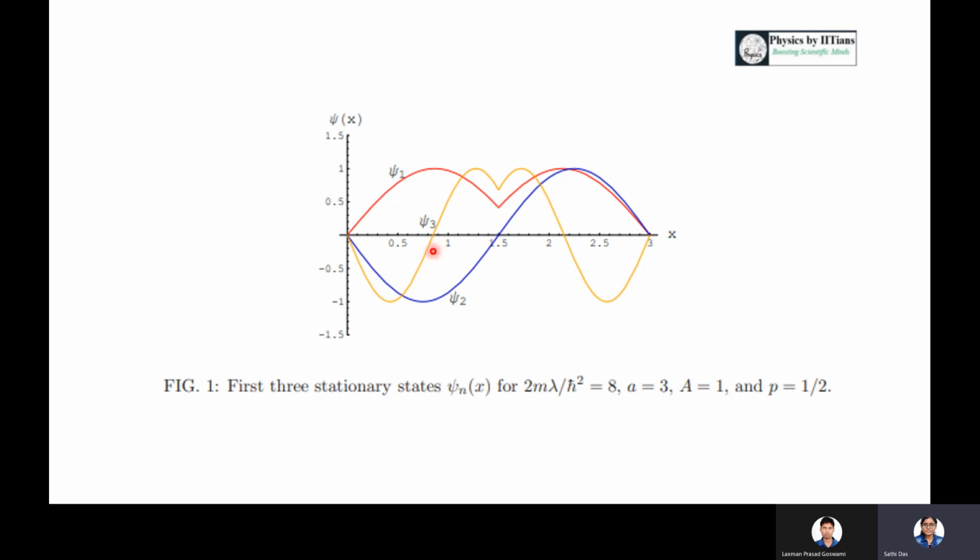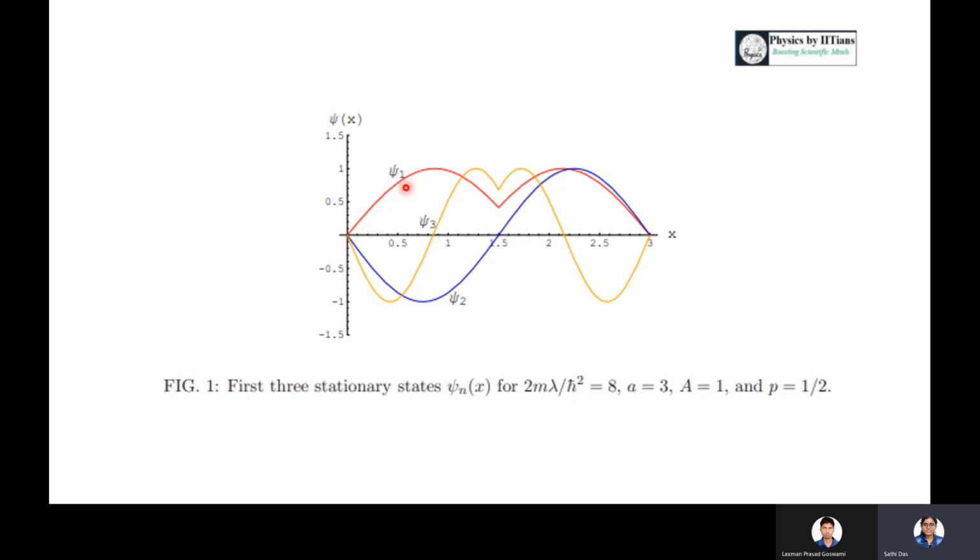And then all the wave functions which were plotted earlier for the box potential will be similar, but you need to consider the delta function potential in this region. There will be a finite amount of discontinuity, and this is a decaying function at this particular position. So we need to take this into account.